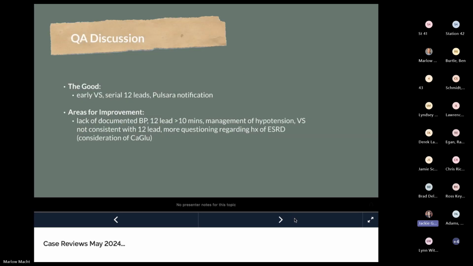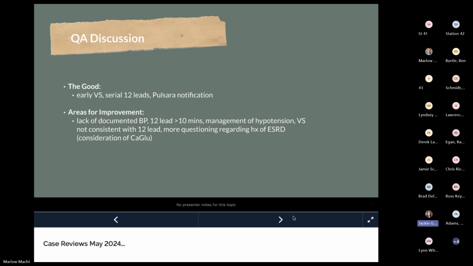So in just reviewing the pre-hospital course, early set of vital signs, serial 12 leads, prearrival notification, I would ideally like to see more blood pressures, especially if we're thinking that we have a really critically ill patient. I believe there were 2 blood pressures recorded. The first 12 lead was greater than 10 minutes. So you've got a patient with chest pain. Ideally, we do less than 10 minutes, especially in this particular case where this patient is hemodynamically unstable.